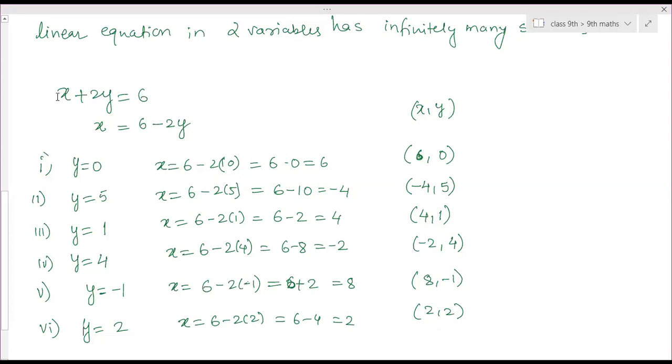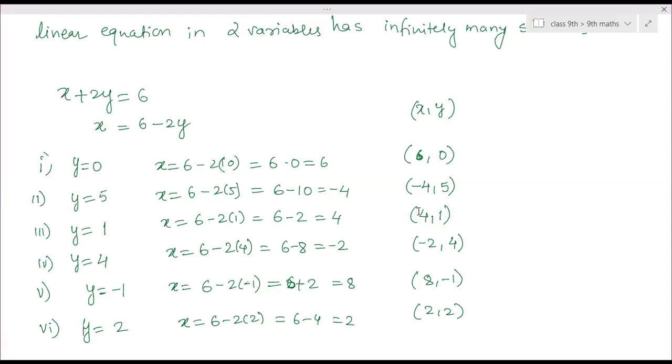Linear equation in two variables. Is it because it is linear? Yes, that's the reason it is called a linear equation.